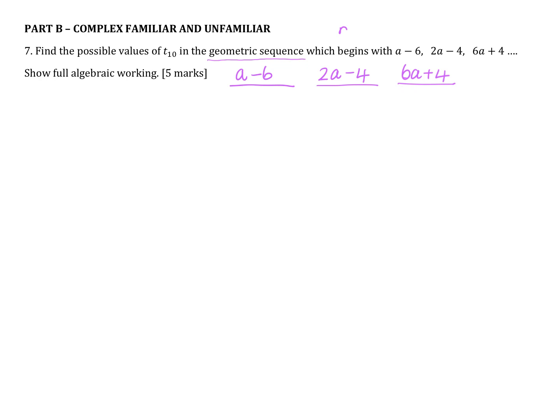Now we had some people getting that wrong from the start and treating it as an arithmetic sequence, which really doesn't work. We've got 2a minus 4 over a minus 6, that's this one divided by this one, is equal to this one divided by that one, 6a plus 4 over 2a minus 4.